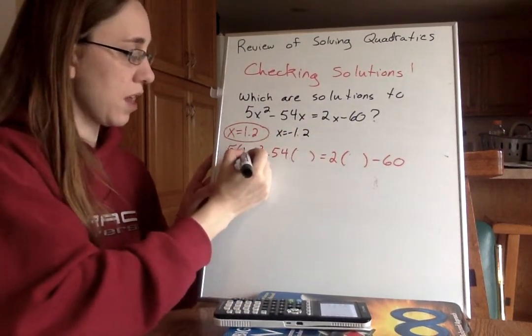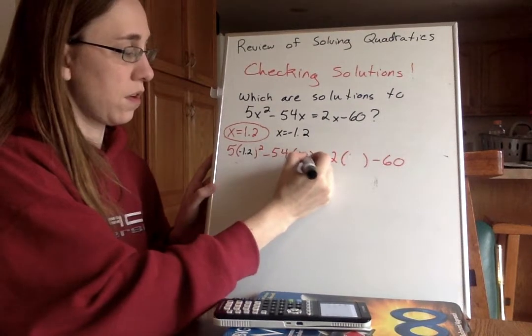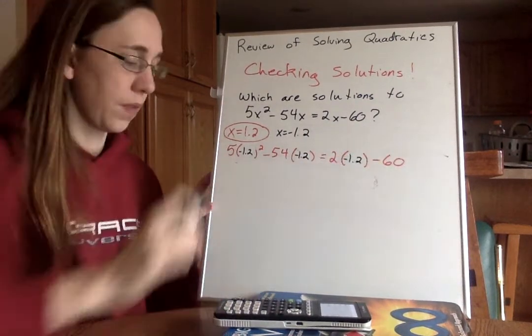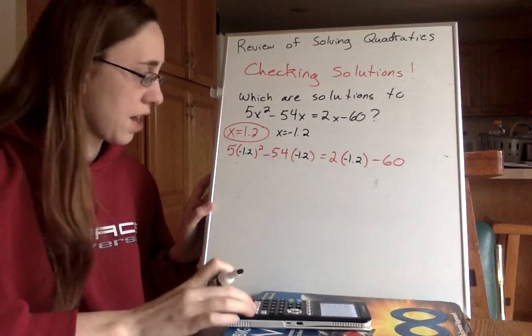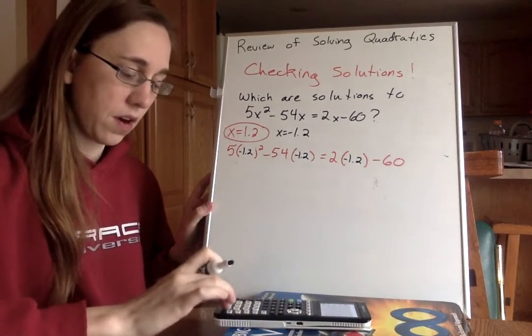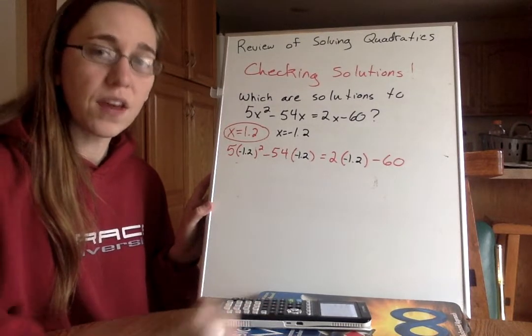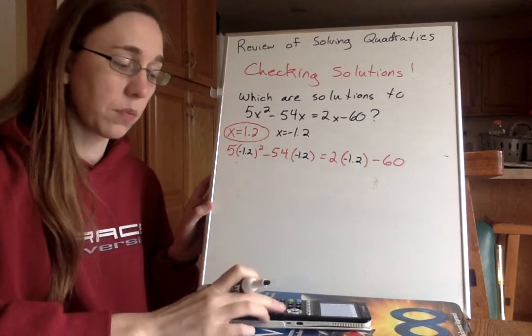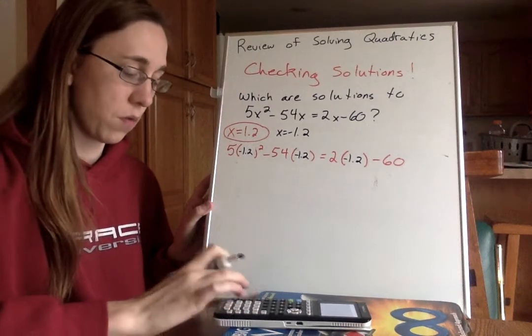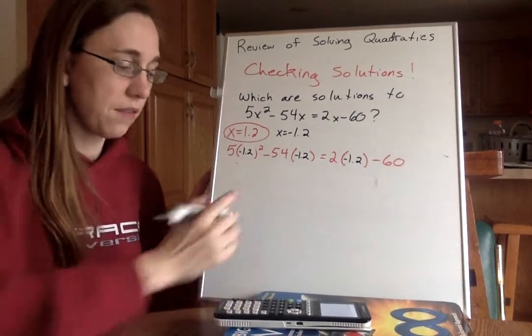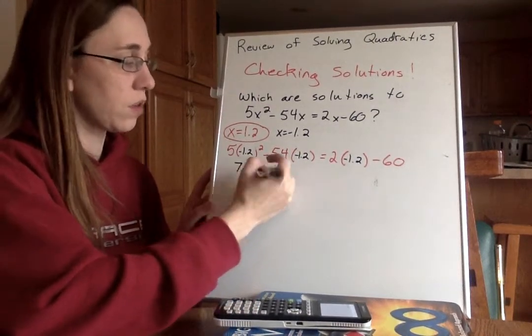So I'm going to put in a negative 1.2 for all of these. Okay, 5 times, well, first we gotta do our negative 1.2 squared, and keep in mind, when you square that negative, it's going to become a positive. So it's a positive 1.44, times 5, gets that 7.2 again.